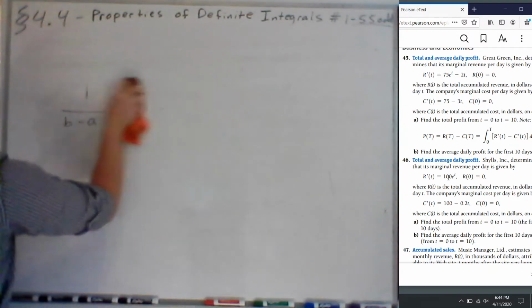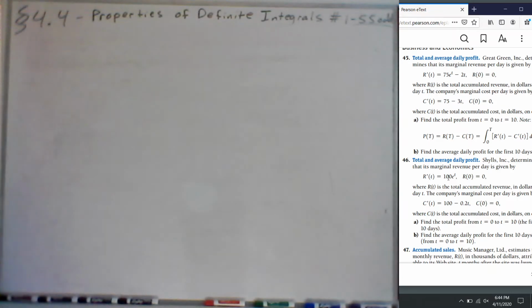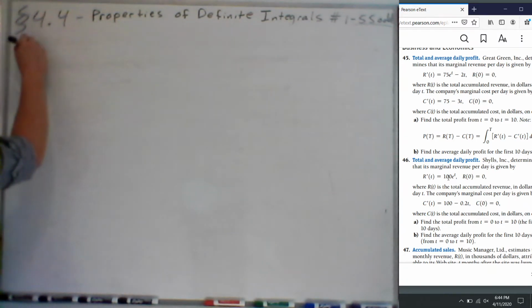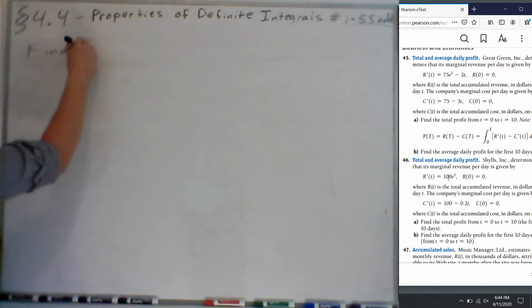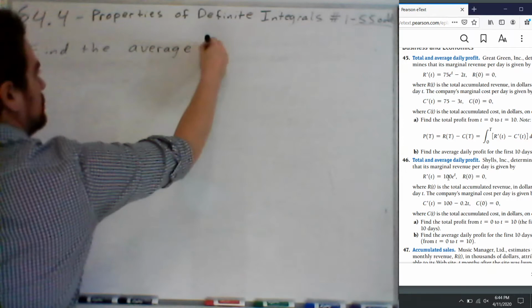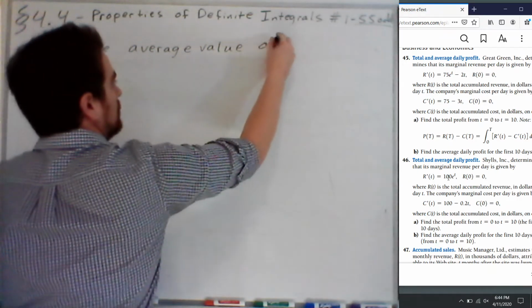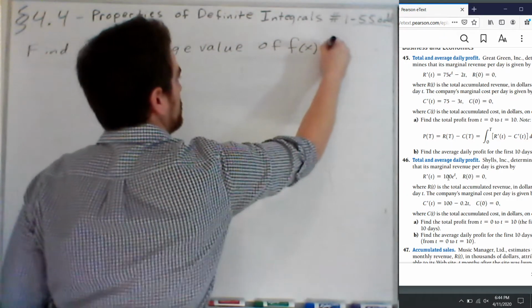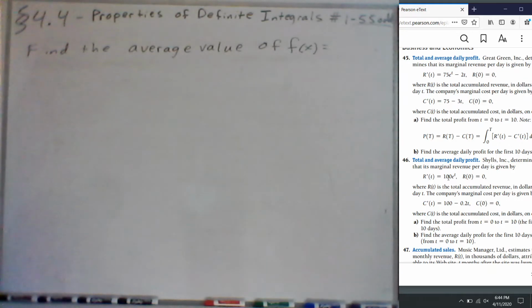So let's take a function and let's find the average value of that function. So let's say I want to find the average value of f of x is equal to, and let me just pick on something here.